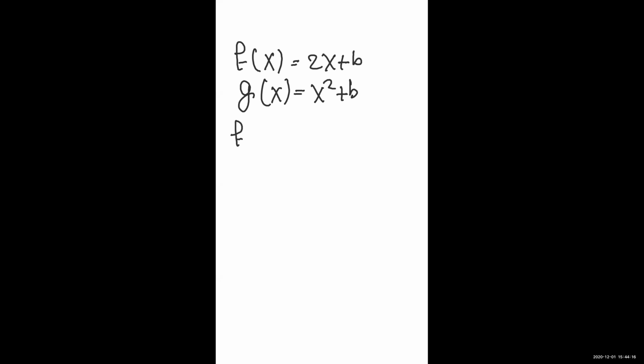Okay, so the next question. If f of x equals 2x plus b, and g of x equals x squared plus b, and f of 2 plus g of negative 4 equals 30.